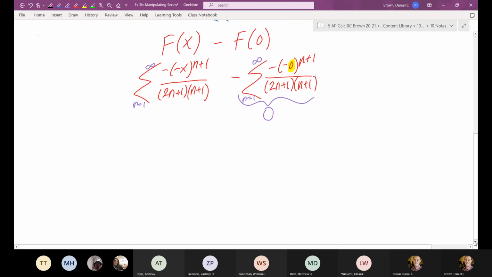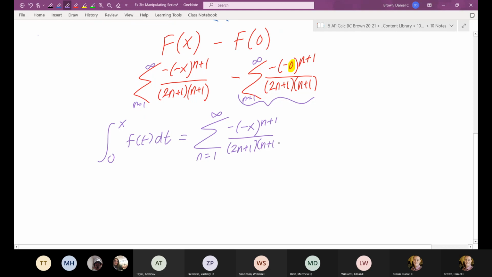To write it out as a full statement, the integral from 0 to x of this function f of t dt is this new series that we got from the integral of negative x to the n plus 1 over 2n plus 1 times n plus 1.